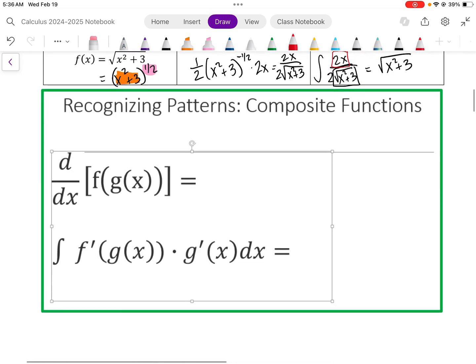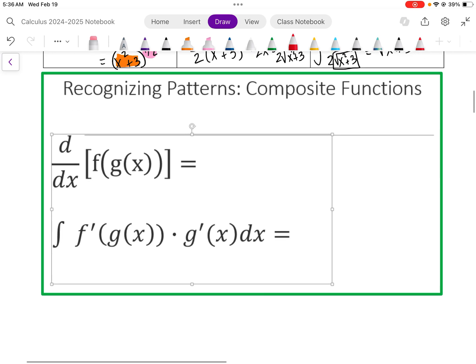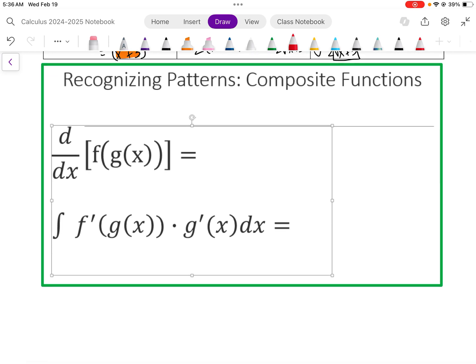So anytime you have an integrand, let me back up a second. We have the derivative rule for f of g of x. Sometimes you'll see this written as f of u, meaning some inner argument. And we know that the derivative rule for that is f prime of g of x, keeping that argument the same, times g prime.